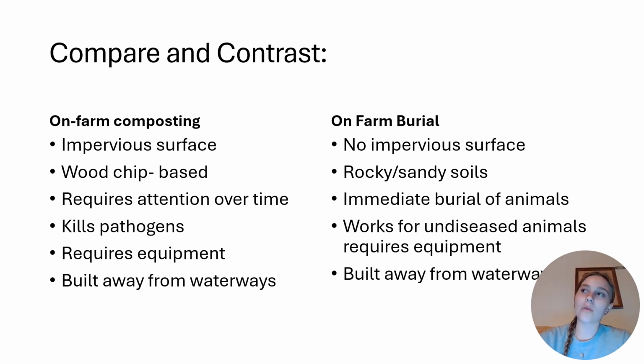That way you know that that virus is not still being spread if potentially used as manure or as fertilizer for soil. But on-farm burial does not kill those pathogens because there is a lack of temperature difference in order to kill those pathogens, which means that on-farm burials are really best for if an animal had, for instance, broken their leg or had birthing complications, etc.